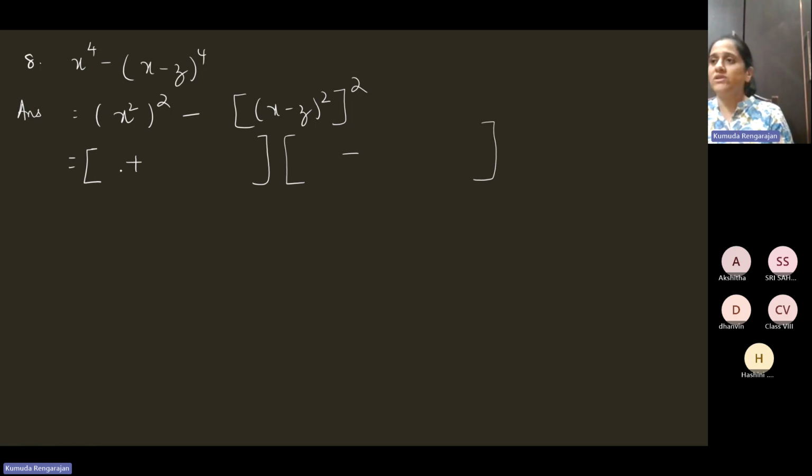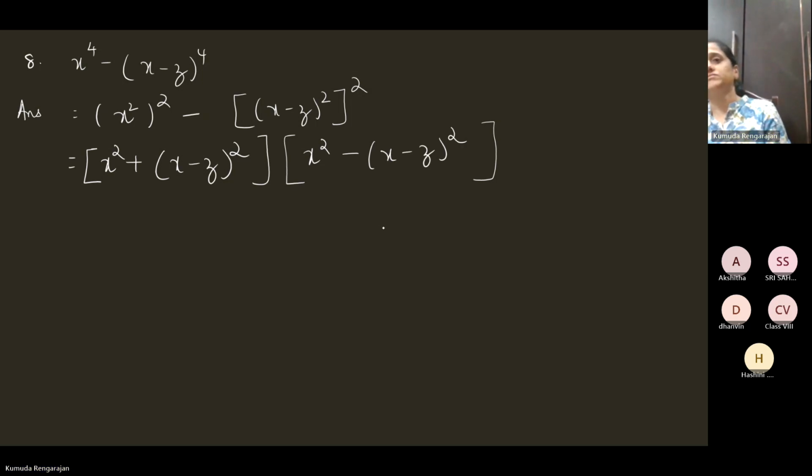So now fill the spaces. What is a? x squared. A plus b, what's b? x minus z the whole square. This is b. A plus b into a minus b: x squared plus x minus z the whole square, into x squared minus x minus z the whole square.